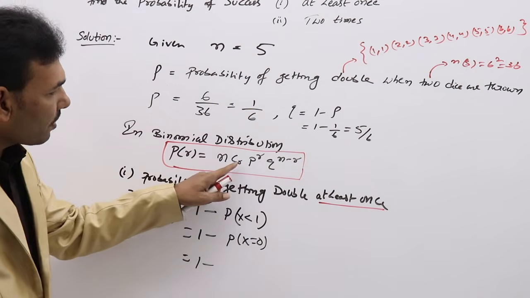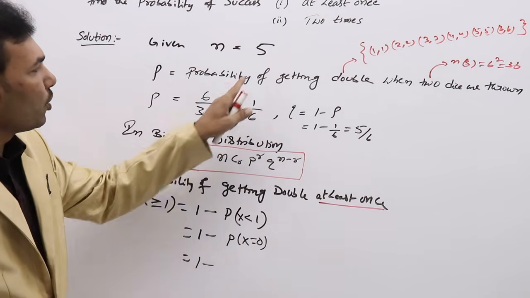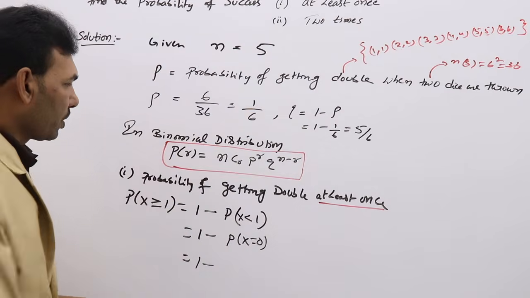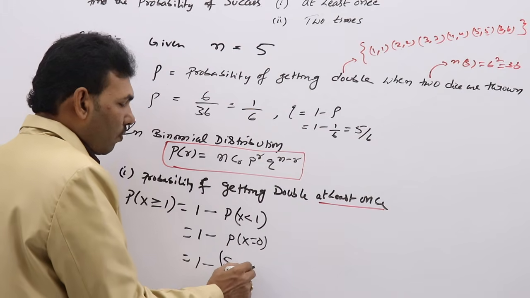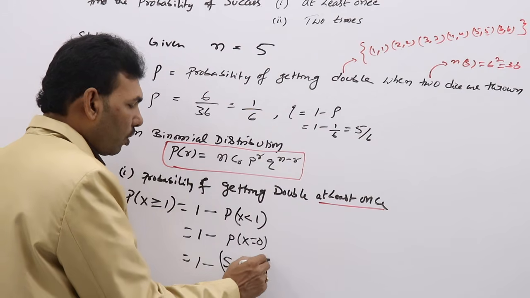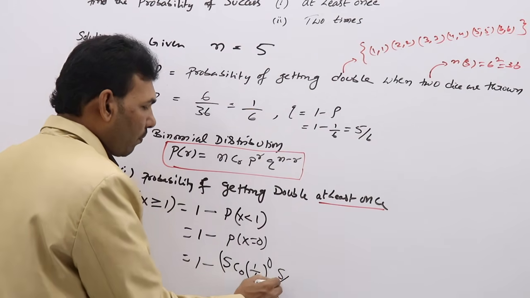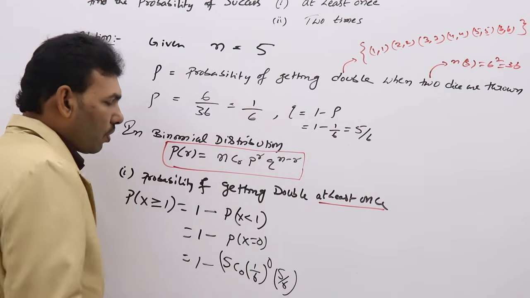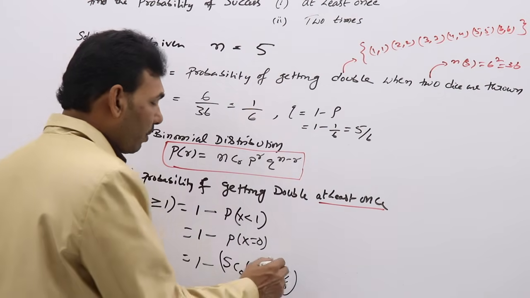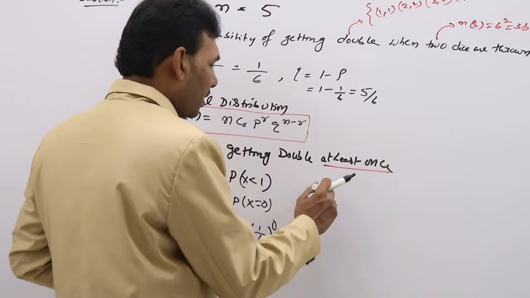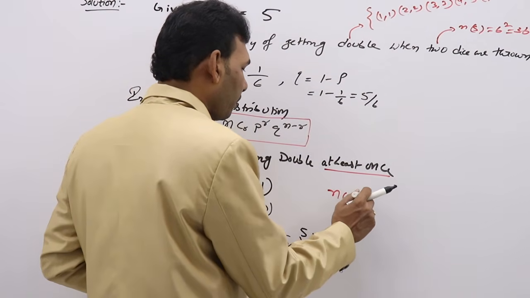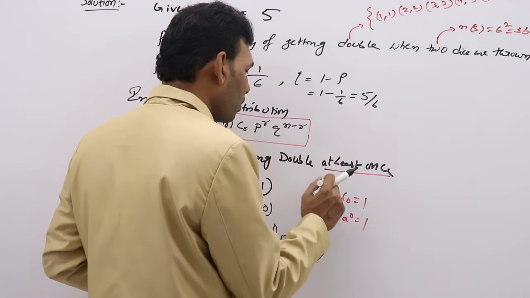In this, write r as 0; we know n, p and q. So 5C0 times 1 by 6 to the power 0 times 5 by 6 to the power of 5 minus 0. We all know that nC0 is 1 and anything to the power 0 is also 1.